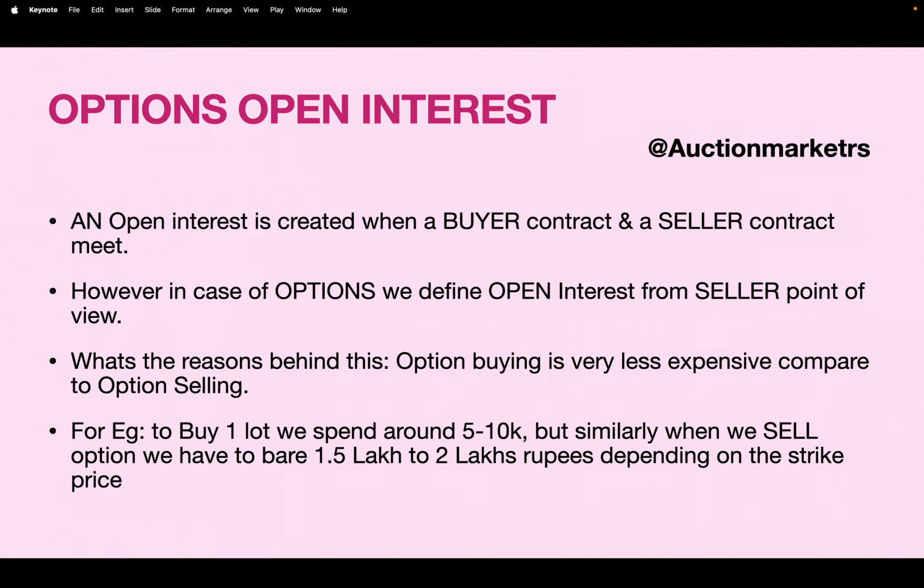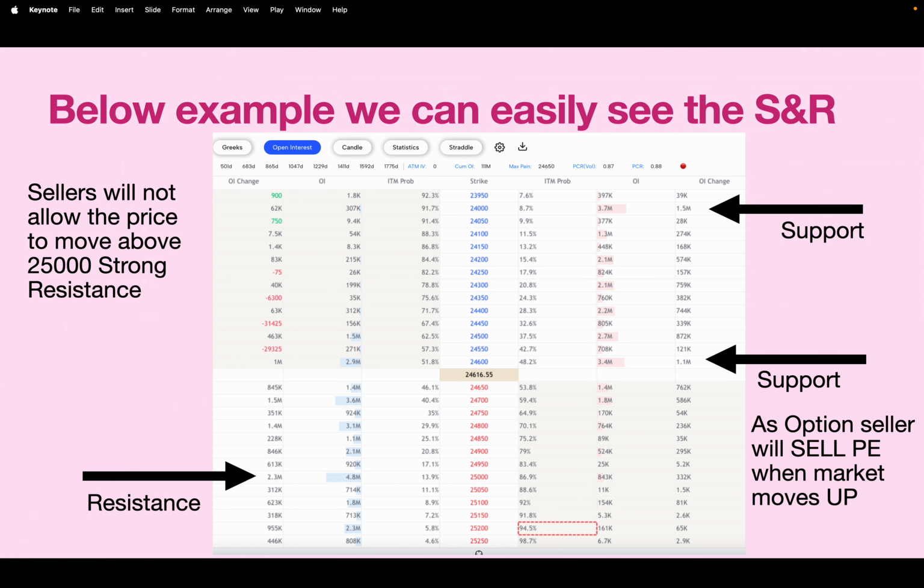I'll move ahead to the next slide. Here, this is an option chain, and we can try to plot the support and resistance. Take an example, if somebody wants to buy Nifty 50 stocks or the Nifty index, he has to opt for a CE call.